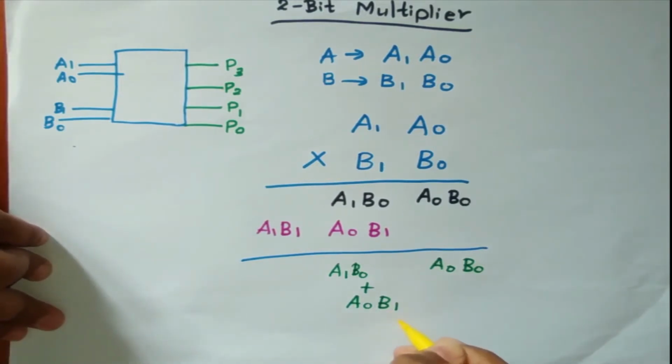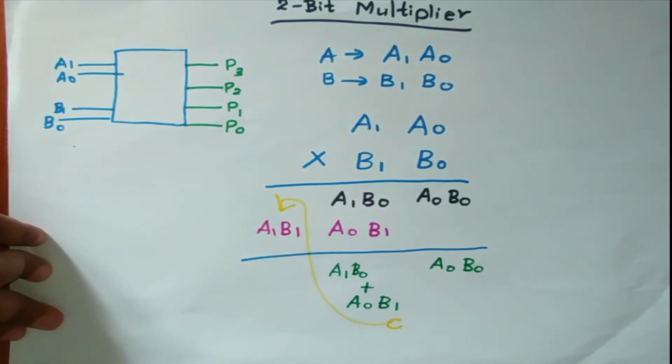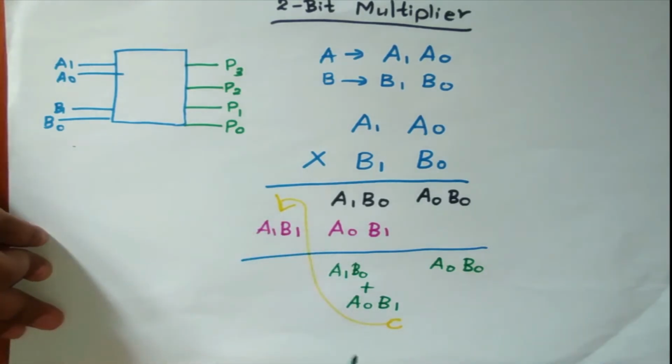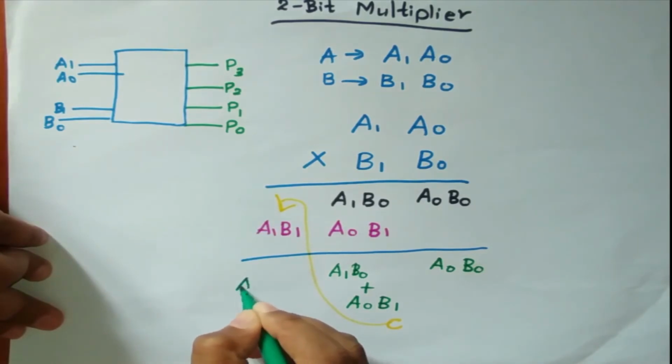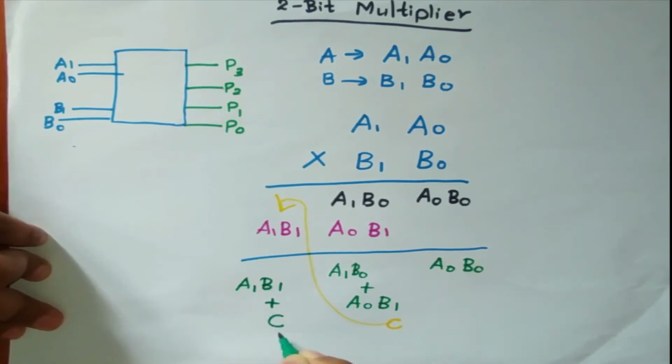So as this is a summation, there can be a carry out. So this carry out is going to this column. For the summation of this column, we have to get the summation as A1 B1 or C. Let's name it as C1.